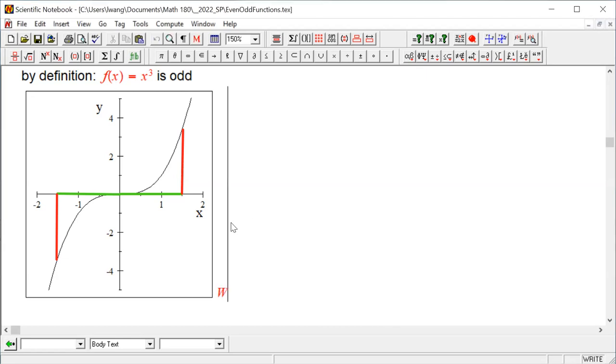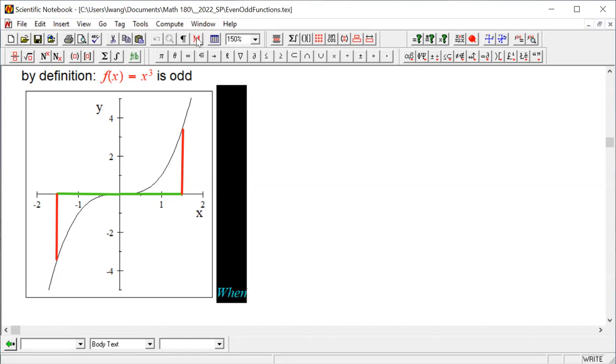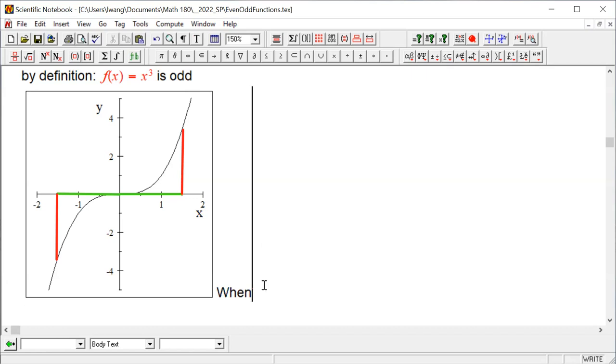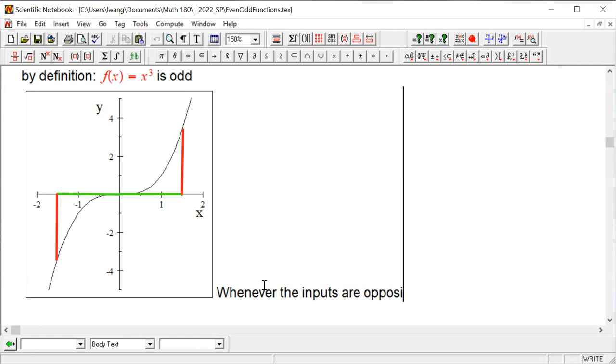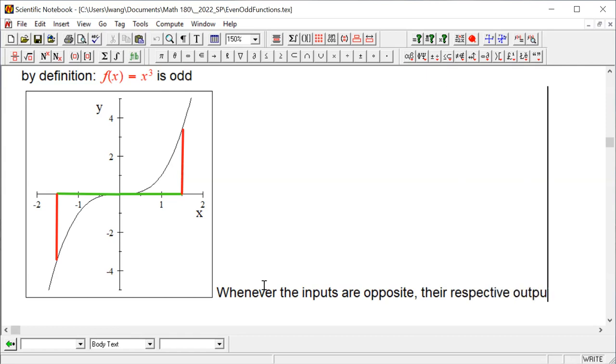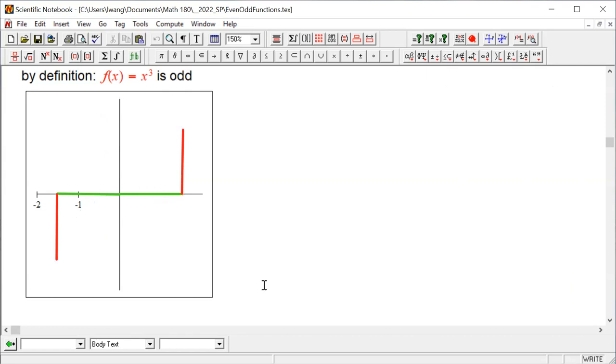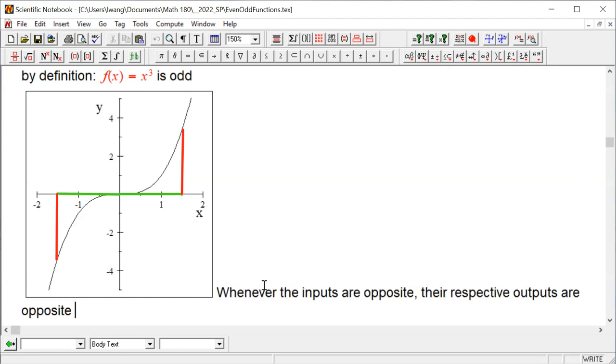So whenever the inputs are opposite, their respective outputs are opposite too, then it is an odd function.